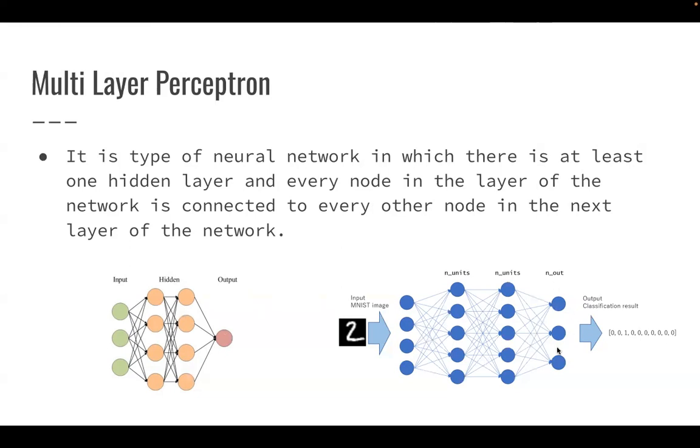For the case of classification task, our output layer has the same number of nodes as the number of output classes in our model. At the end of the values generated, we generally take a softmax of these values, which changes these values into probability, and we end up selecting the value with the higher probability. So we make everything zero except the one which had the highest probability. So in the image of 2, you're likely to find 1 here because 0, 1, 2. All right, let's move on.